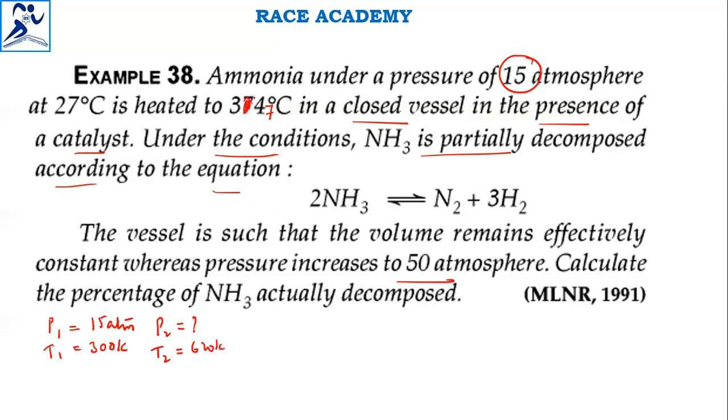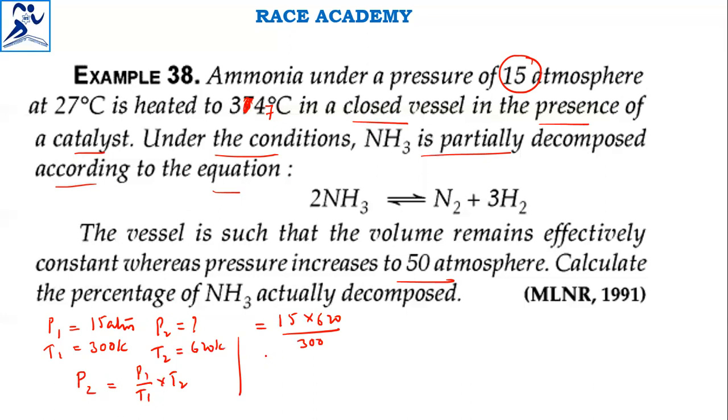So this is a correction only. And if you apply the expression P1 by T1 is equal to P2 by T2, then P2 will become equal to P1 by T1 into T2. So if you substitute the values, P1 15 into T2 620 divided by T1 300.